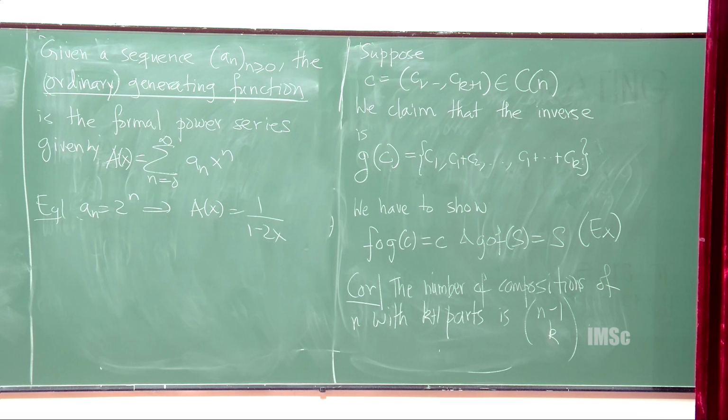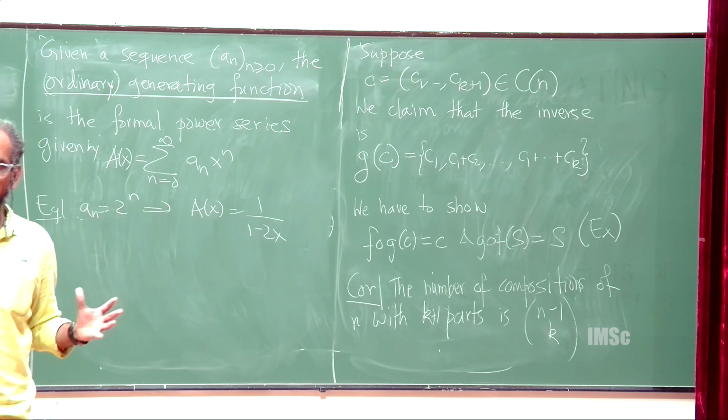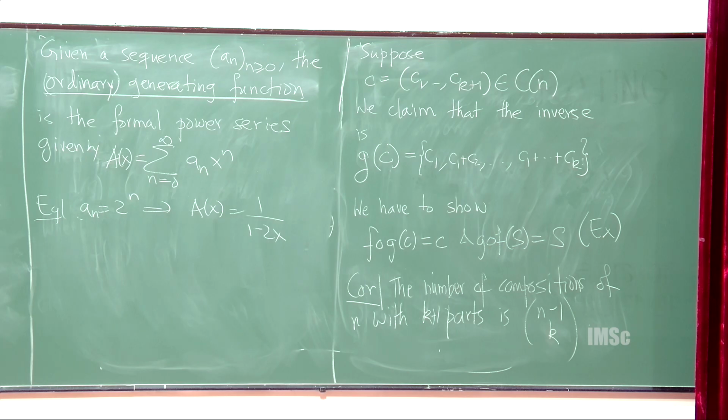So this simple function encapsulates this entire sequence. In some sense we have infinitely many pieces of information, a_1, a_2, a_3, a_4, etc., and in this A(x) everything is there. So it's a powerful idea and it's very useful.